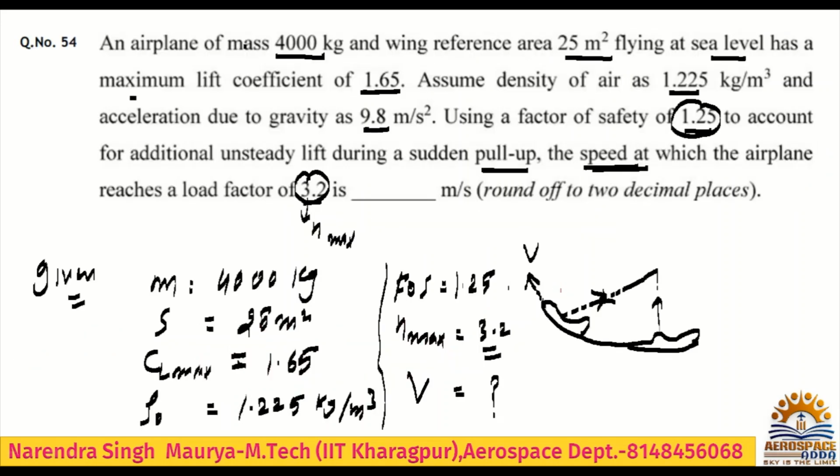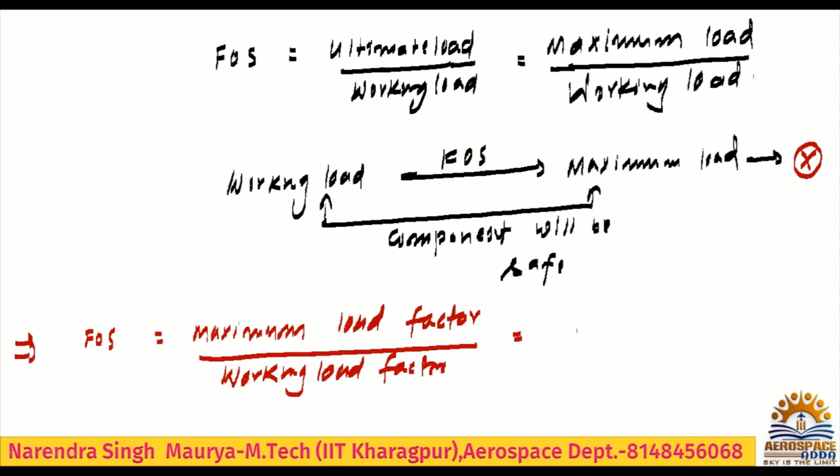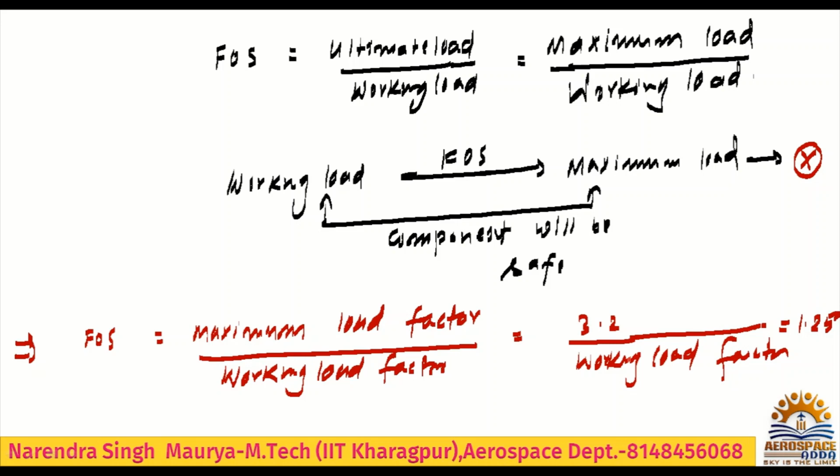The maximum load factor they have given is 3.2, and the factor of safety is 1.25. Sorry, so the maximum load factor they have given is 3.2, and the working load factor we need to calculate. The factor of safety they have given is 1.25, it is given, right? So we can calculate the working load factor.